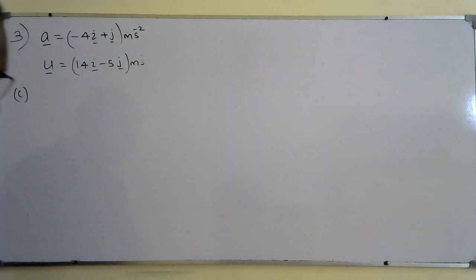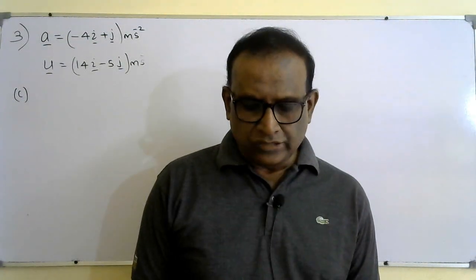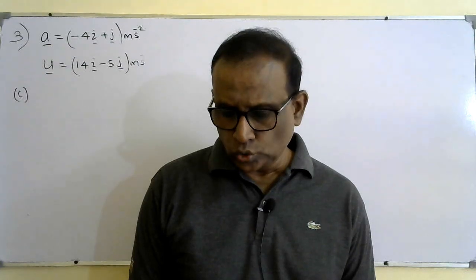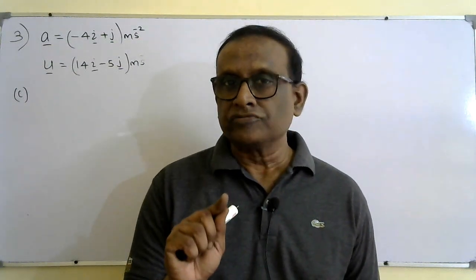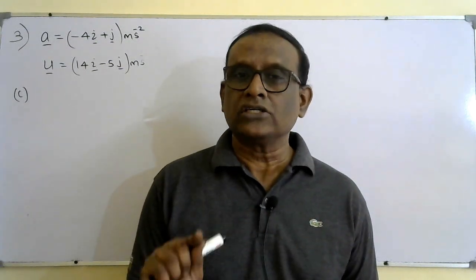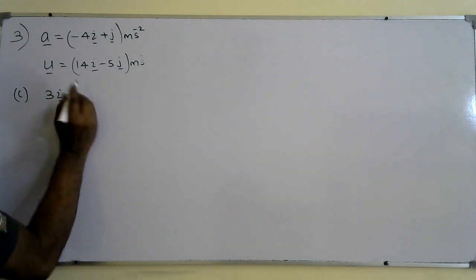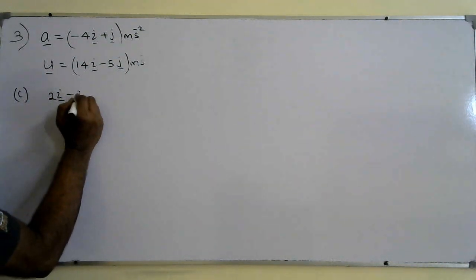Okay, now part C, question number 3. At time t equal capital T seconds, P is moving in the direction of the vector 2i minus 3j. So they are giving the directional vector of the motion, that is, the directional vector of the velocity, as 2i minus 3j.